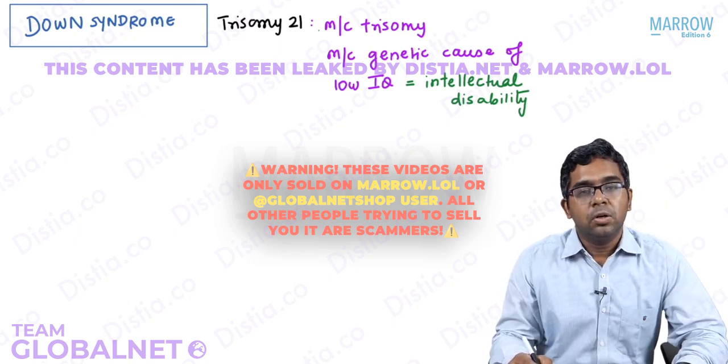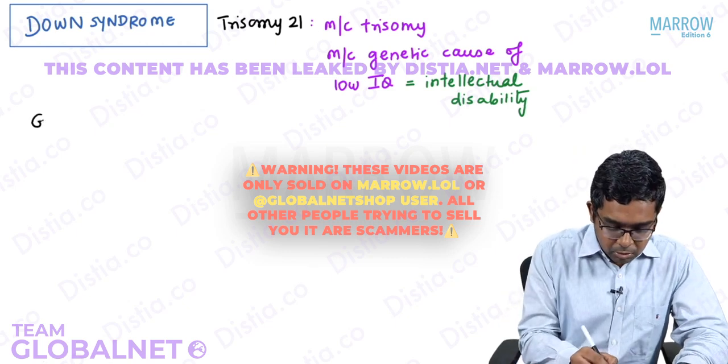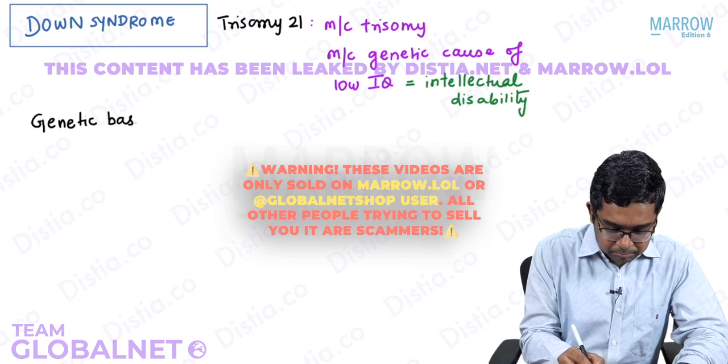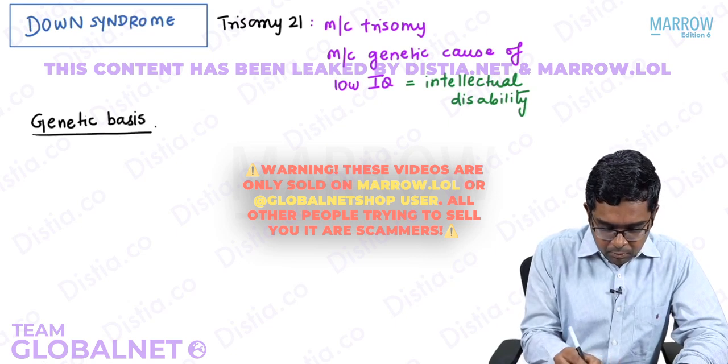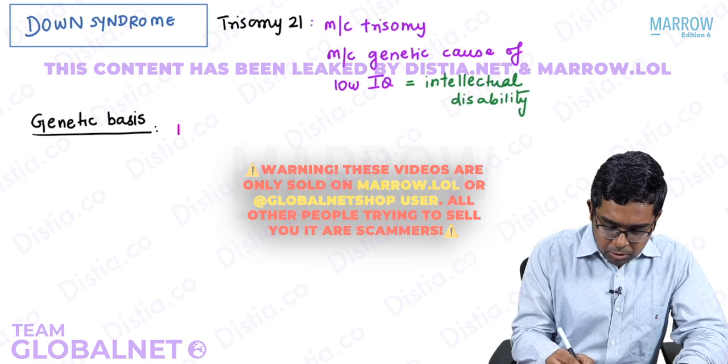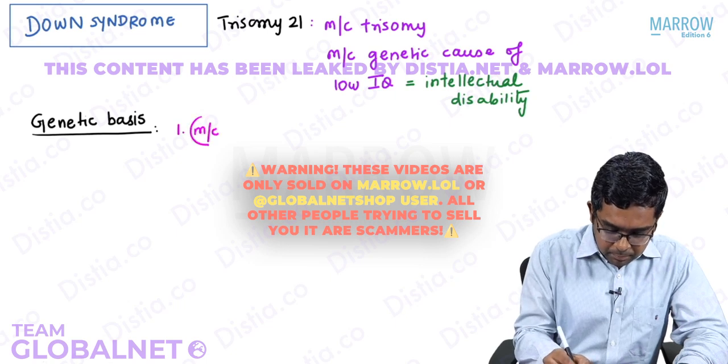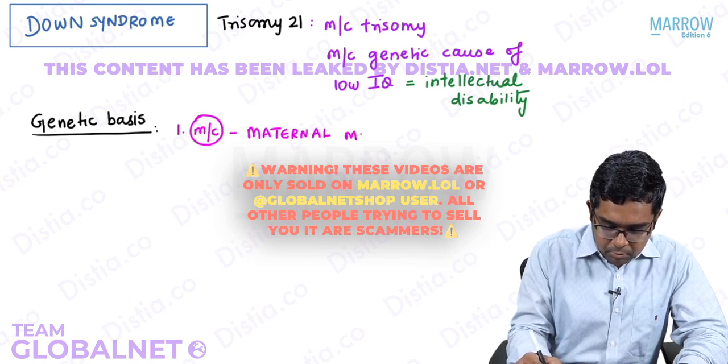Now let us see the genetic mechanism behind the occurrence of Down syndrome, or the genetic basis of Down syndrome. The most common reason is maternal meiotic non-disjunction.